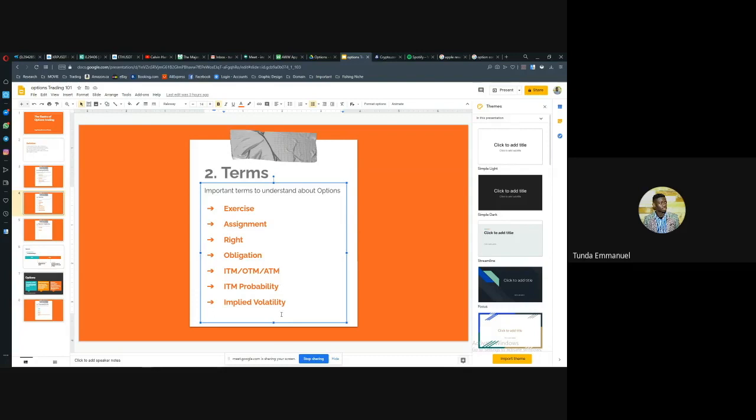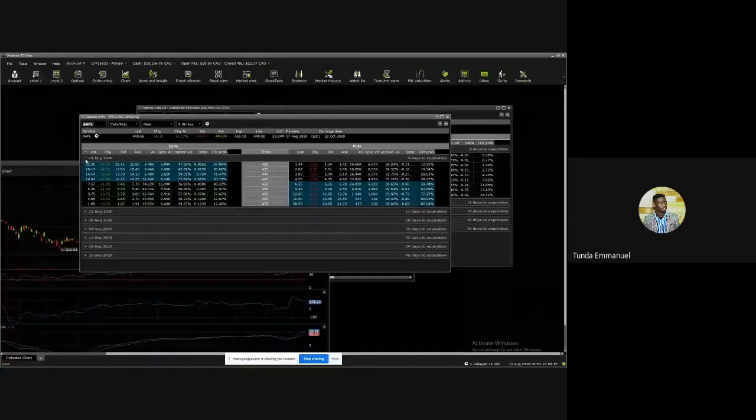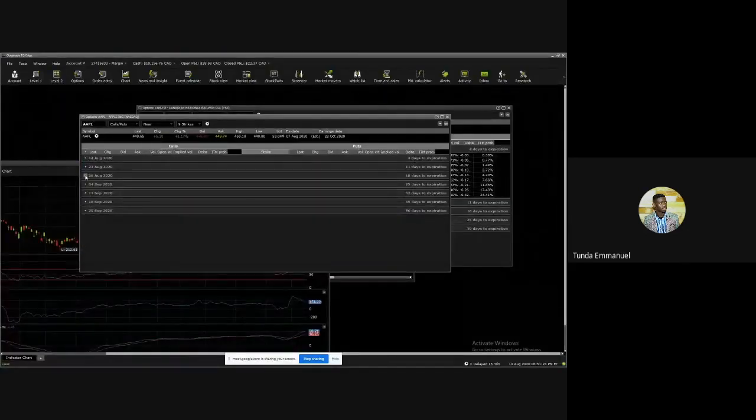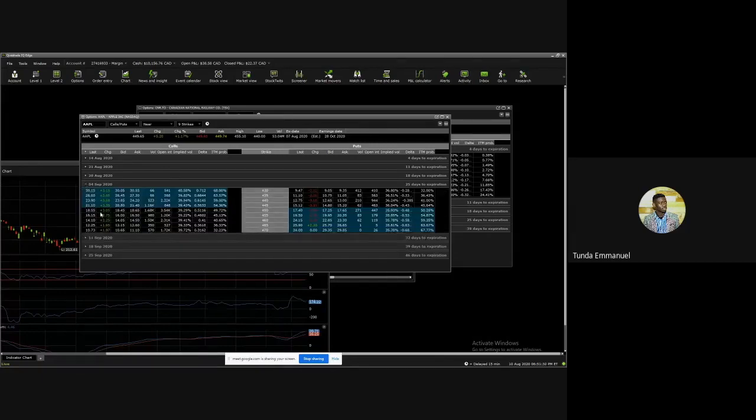Let me show you, for example, here. I'm going to go to August. Let's go to September, for example. If we go to September, they tell you by the end of September. This is the ITM probability, the in the money probability.